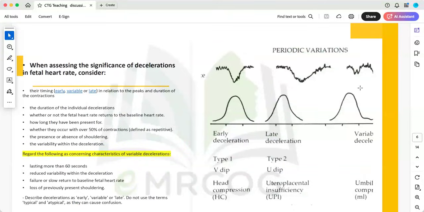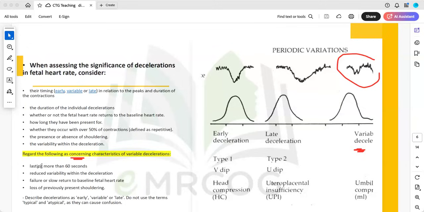Variable decelerations can happen as a result of cord compression, or they can also indicate fetal compromise. So here, the variable deceleration could be associated with concerning characteristics, and concerning characteristics are very important. Any of the following concerning characteristics in variable decelerations is considered a worrying sign.